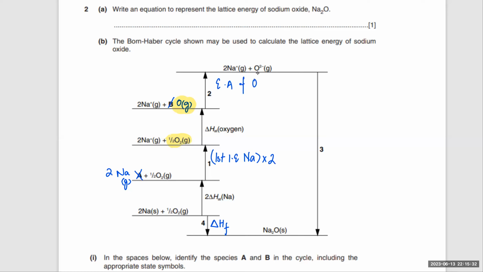That's the first one, and the electron affinity of oxygen -1. So, anyways, you've got gaseous ions. Now they're turning into sodium oxide. So, what is 3? The lattice energy? That's your lattice energy.